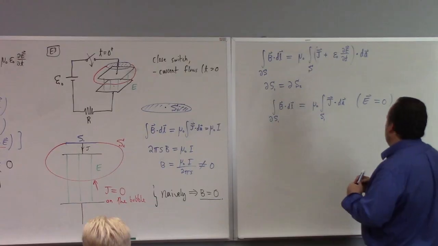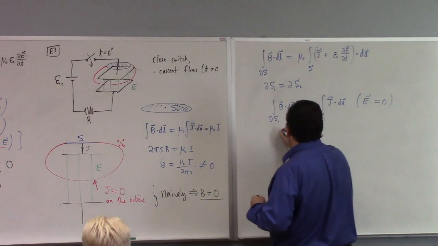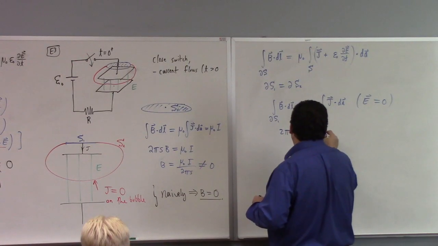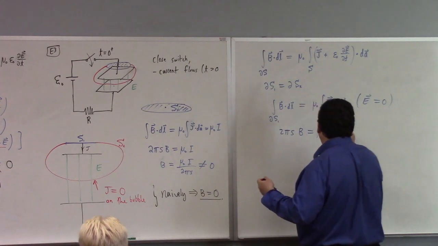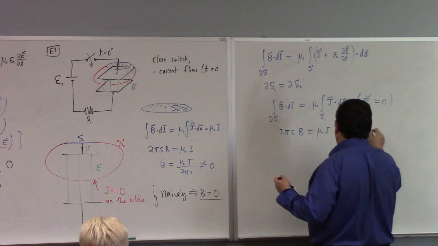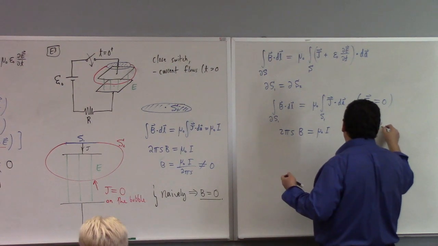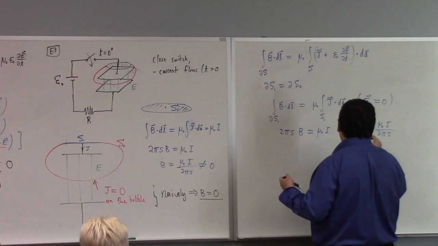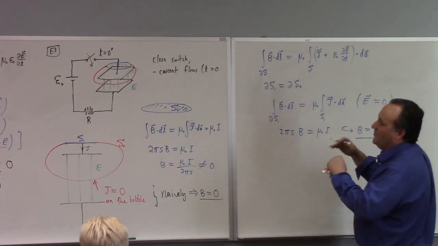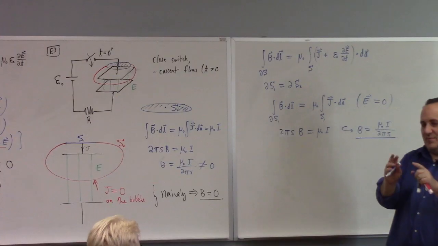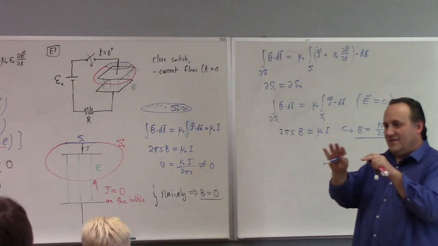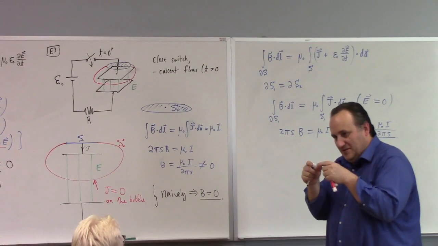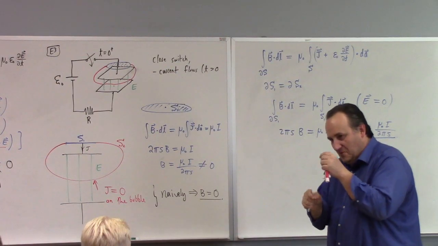So this is just 2 pi s times B is mu naught I. Yay. The magnetic field apparently is mu naught I over 2 pi s. Of course, I'm assuming, for the sake of making this formula, that we're looking at a wee bitty loop, and so effectively it's a very long straight wire.